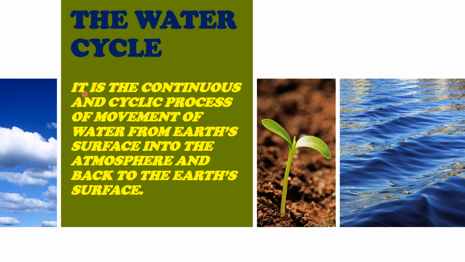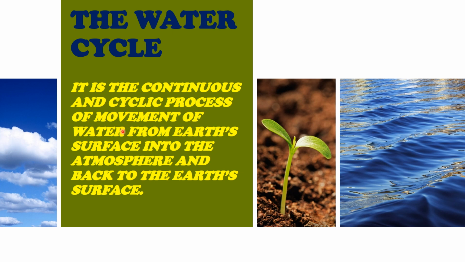First of all, we will go through its definition. What is the water cycle? It is a continuous and cyclic process. These two words are very important, continuous and cyclic. The process is continuous, it continues every time, and cyclic because ये cycle में काम करती है, so cyclic process of movement of water.